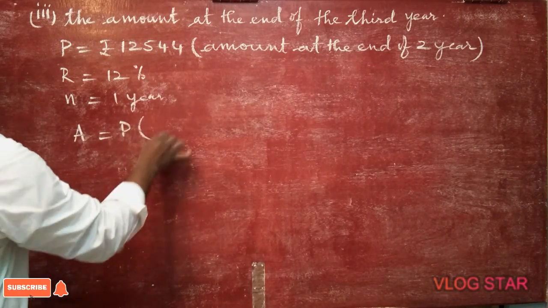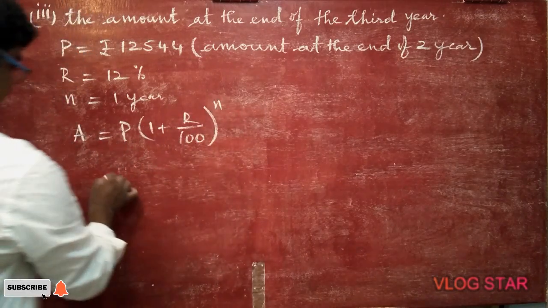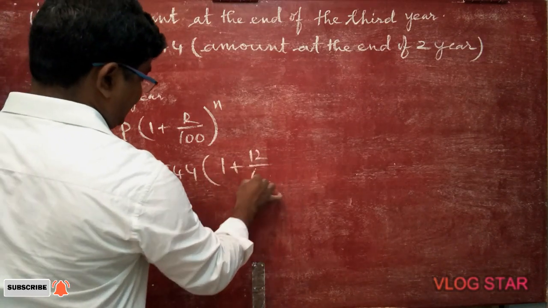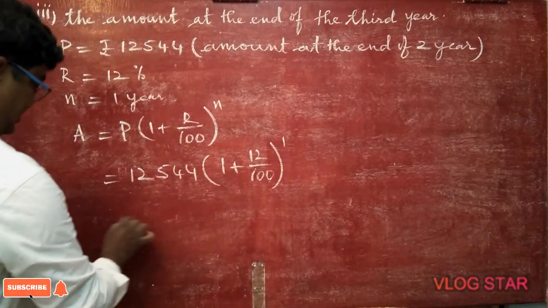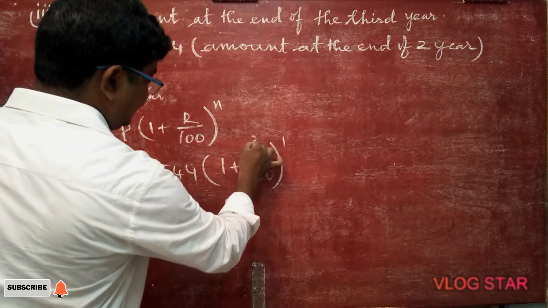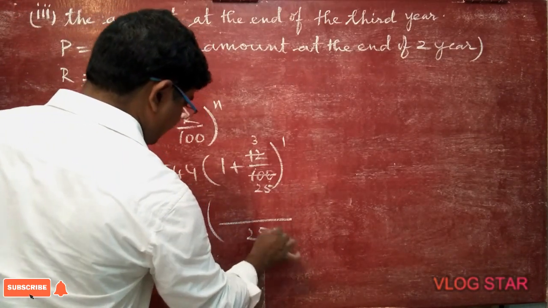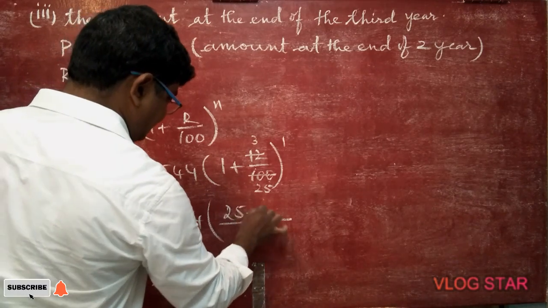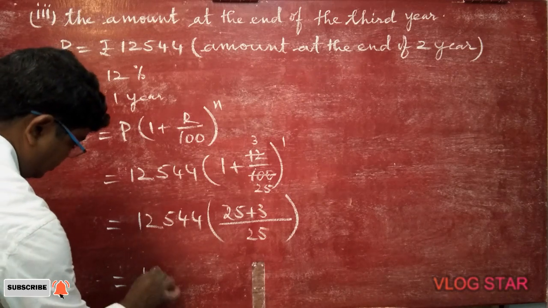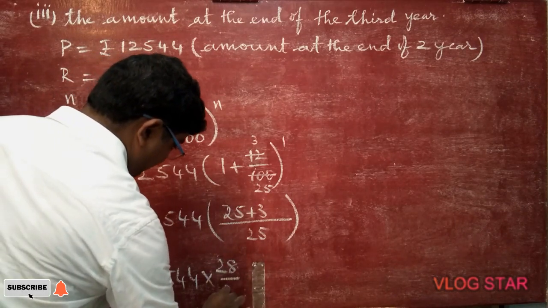Amount formula P into 1 plus R by 100 whole power N. 12,544 into 1 plus 12 by 100 whole to the power of 1, N is 1. So LCM is 25. 25 plus 3, how much? 28. 1 if you write or not writing also no problem. 12,544 into 28 by 25.